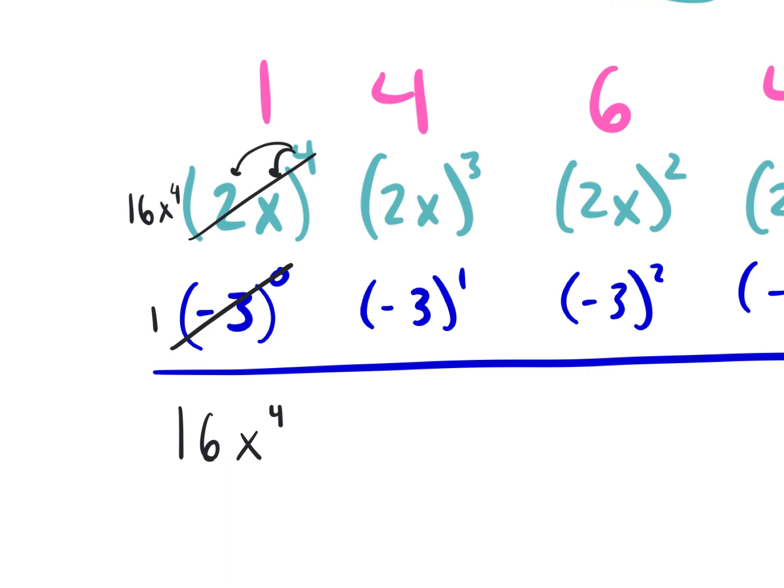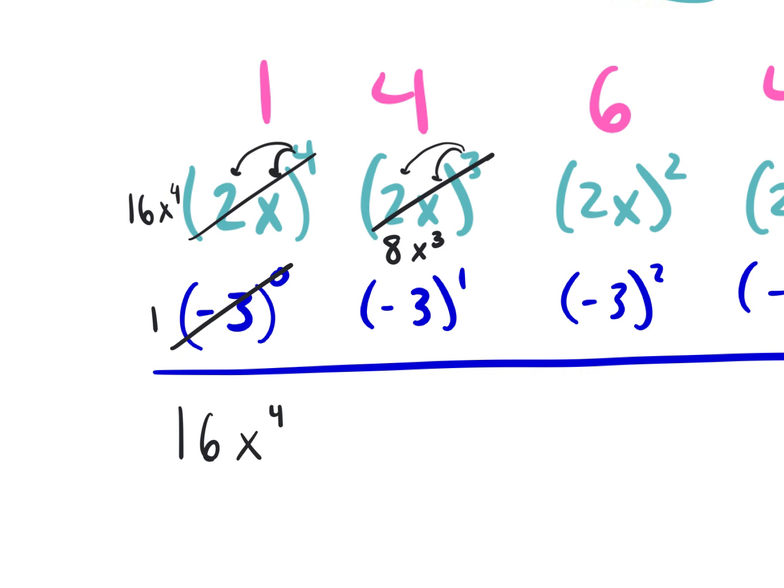We're going to do it again in the second one. So here I'm going to distribute the 3rd power to the 2 and the x. Don't forget to distribute it to the 2. That is the most common mistake that people will make with these types of questions. What is 2 to the 3rd power? 8. So we have 8x to the 3rd power. So I've got 8x to the 3rd power times 4 times -3.